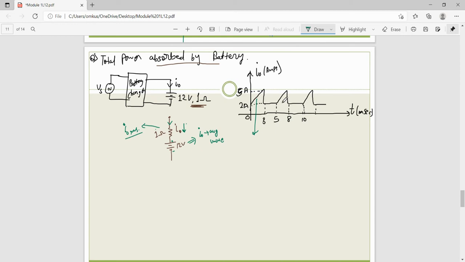See, after 5 second, this waveform repeats itself. So the time period is T second, and T millisecond, right? Time is given in millisecond, so T millisecond is the time period of that signal.